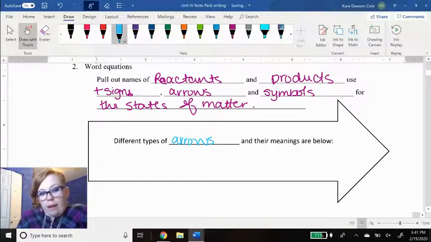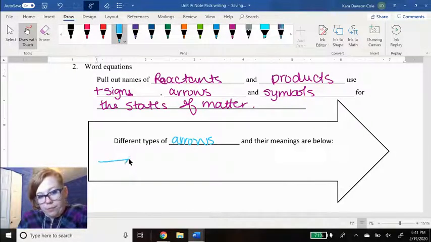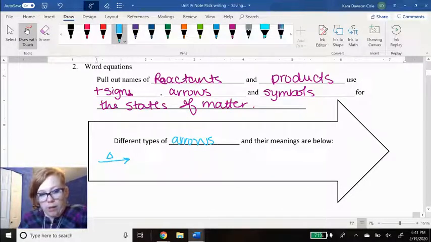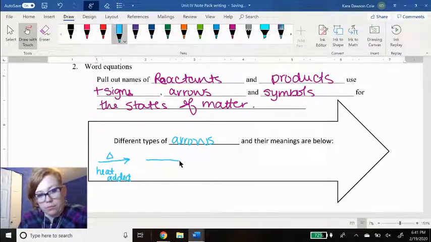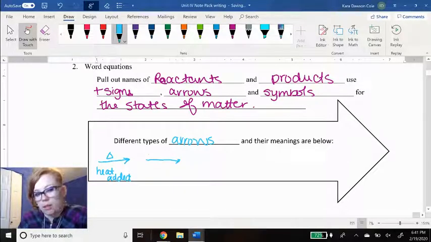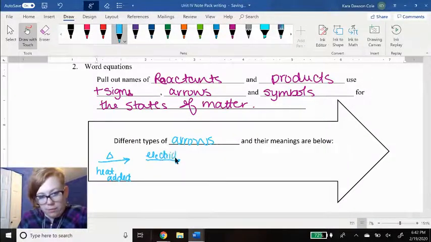If I have an arrow with a little delta sign on top of it, this means that heat is added. If I have an arrow that says something on top, like electricity, that means that electricity is added.